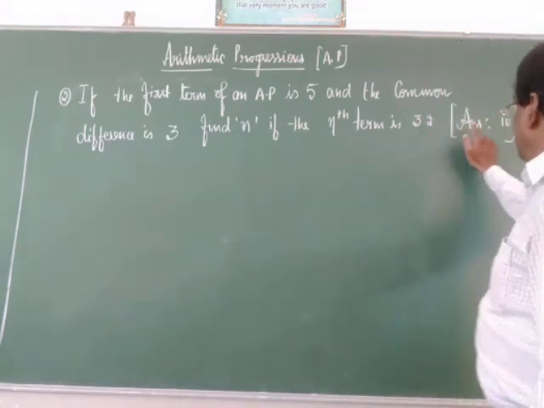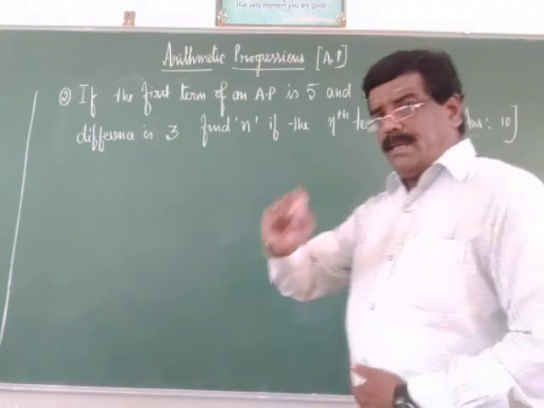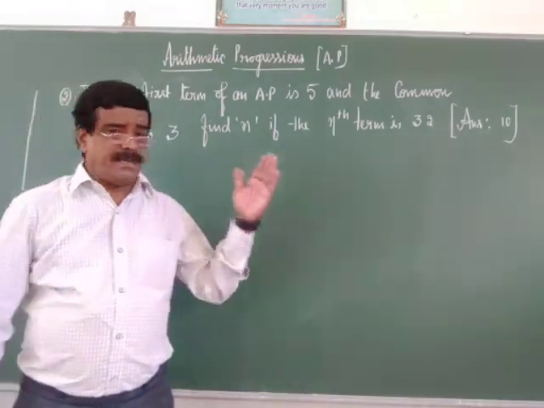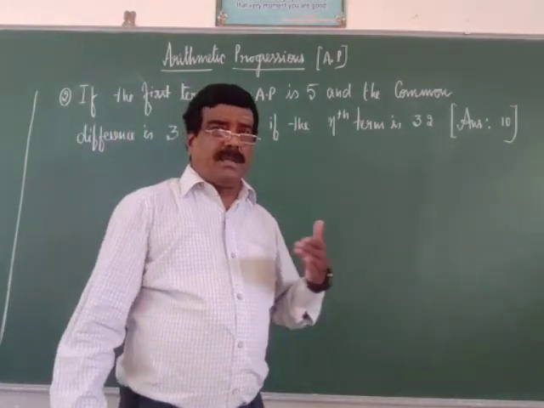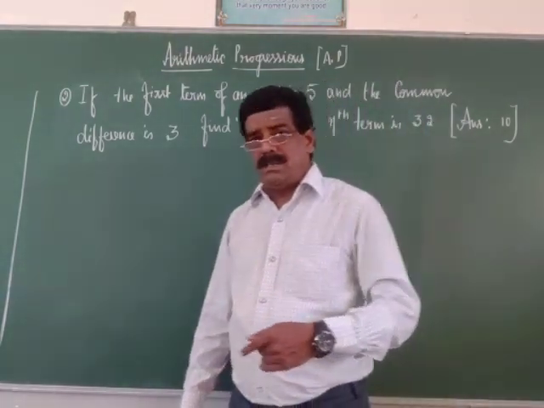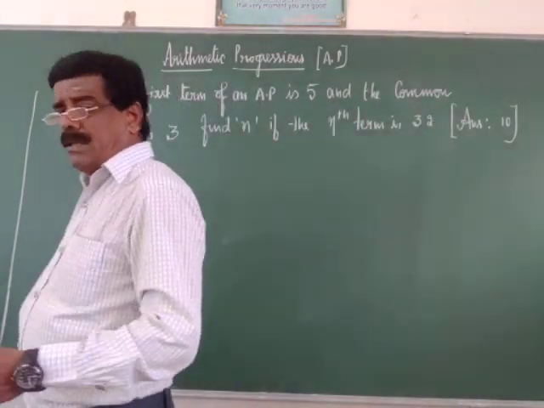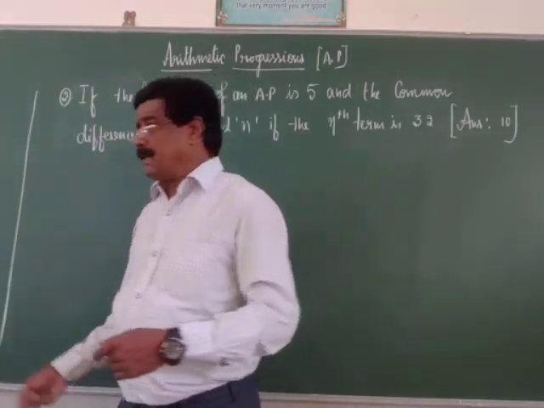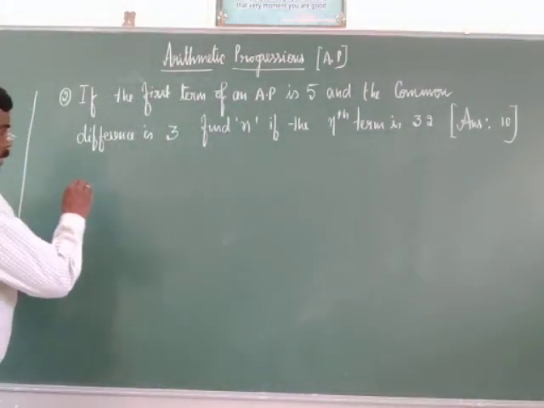So you must know the answer is 10. Why I have written the answer in the bracket: because it's my own question, I know the answer. The only thing is you should reach the answer. How you are going to proceed to reach the answer is a challenge to you. So really, if you understood this, you can frame a lot of questions of your choice. That is my intention. Now let me start.